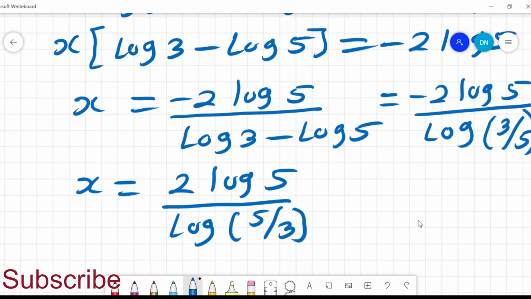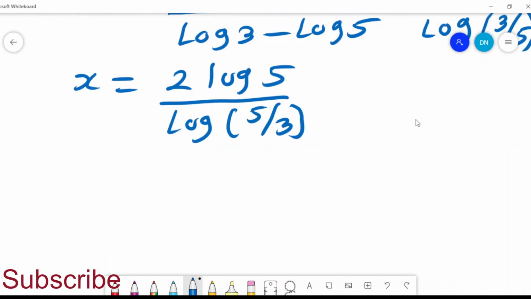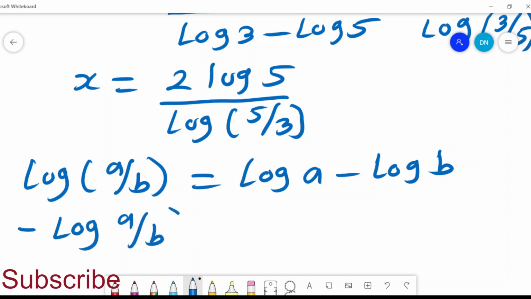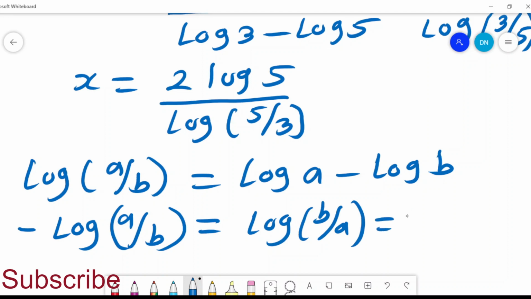Now, if you can recall your logarithm knowledge, it says that log of a over b is equal to log of a minus log of b. I can also say this: if I introduce a negative sign, negative log of a over b is the same as log of b over a, which is log of b minus log of a.